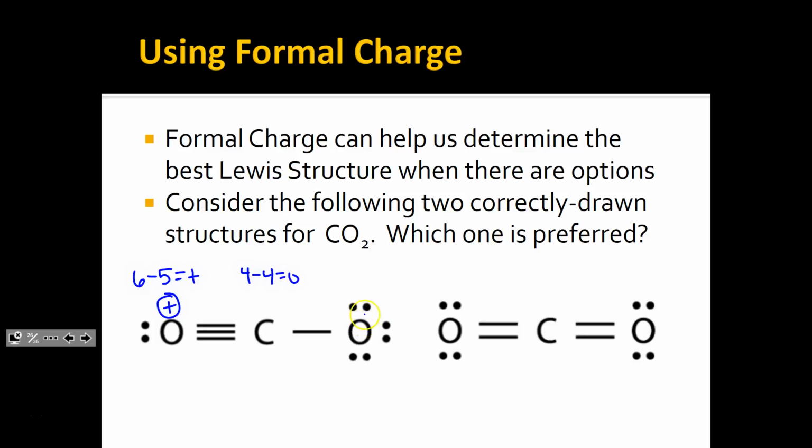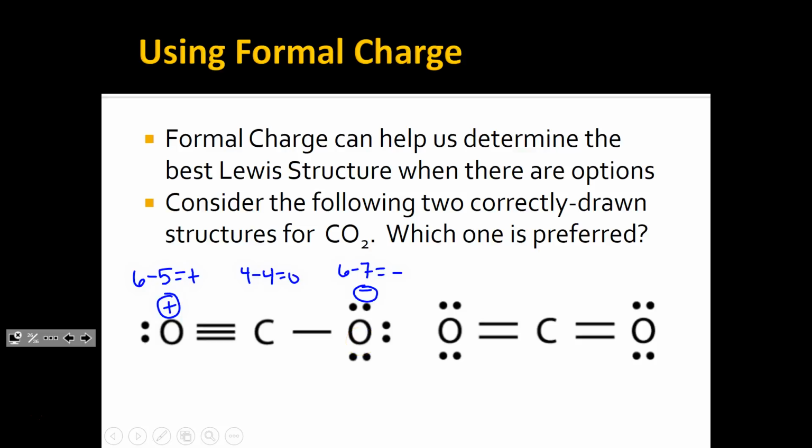And then this oxygen right here, 6 valence electrons minus 7 things touching it, 6 dots and one line. Or you can just remember that oxygen in the terminal position with a single bond is always going to be -1. So there are the formal charges. So you have a positive formal charge on this first oxygen, negative formal charge on the second. All right, not too bad. Low formal charges, that's good.